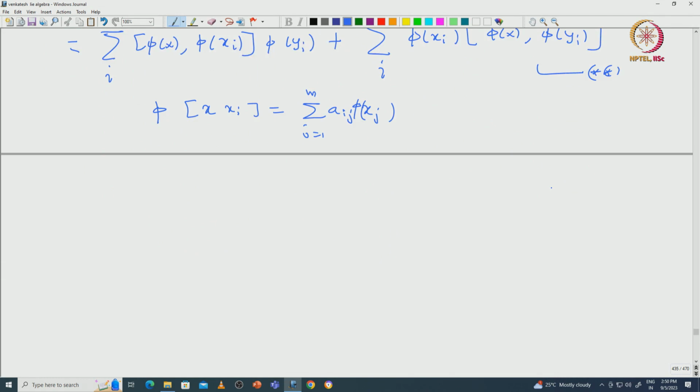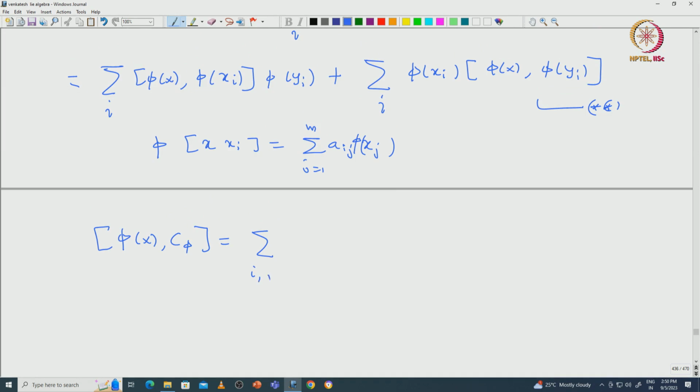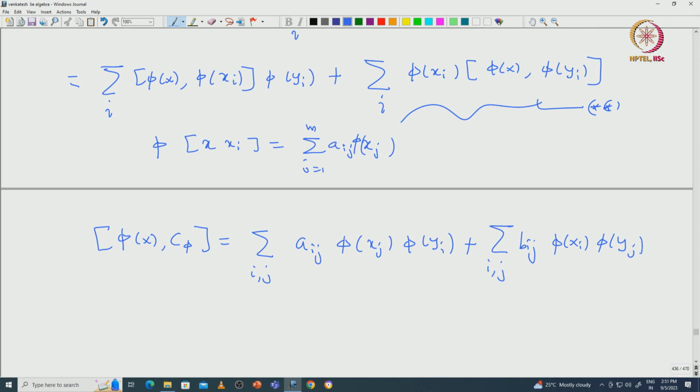Then we get the bracket pi of x comma C pi is equal to summation over I, j of a I j pi of x j times pi of y I. Similarly, on the right side, the second term can also be replaced using summation b I j, where again I, j vary, of pi of x I times pi of y j. So, this is what we get.